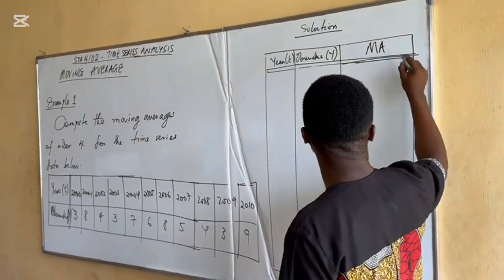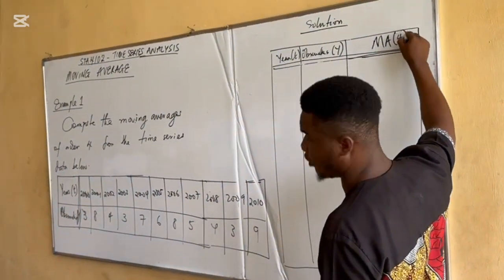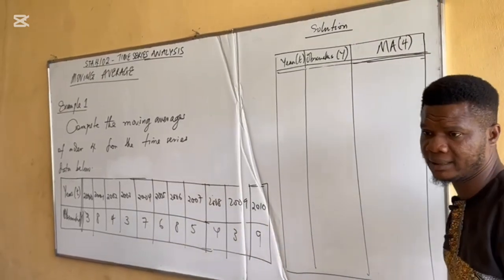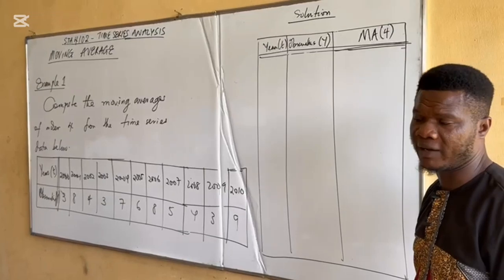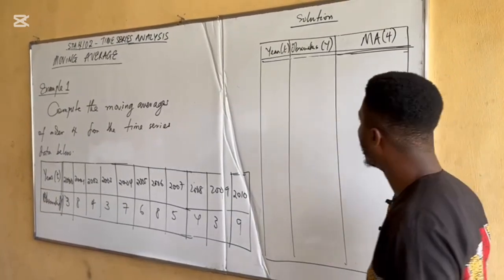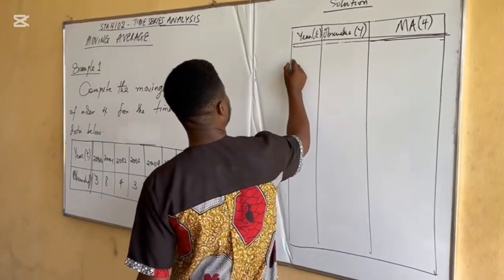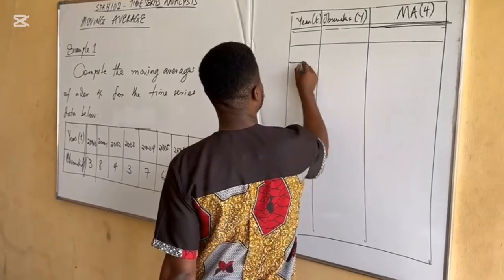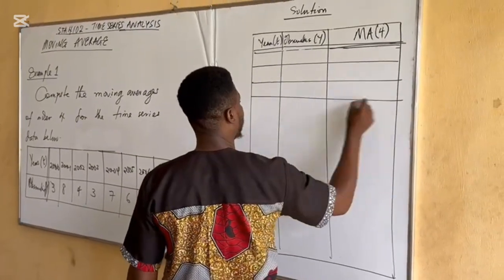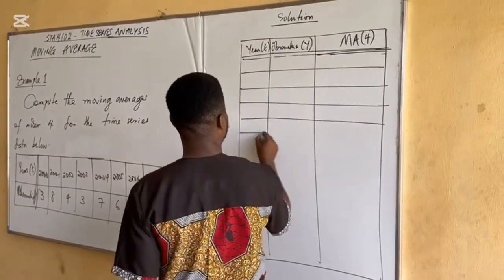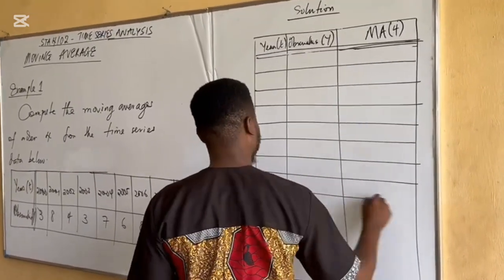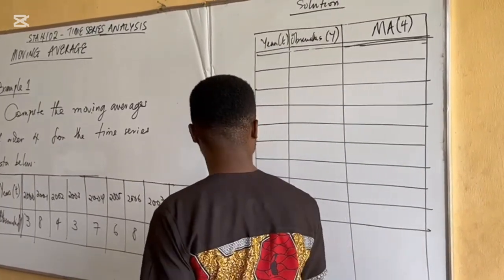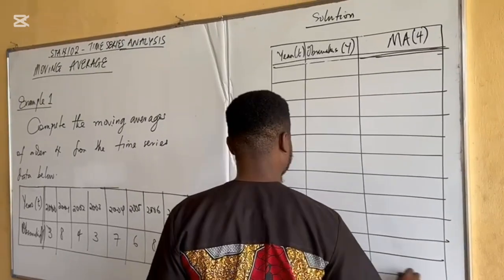Since my moving average is of order 4, I'm going to put MA(4) in brackets. That 4 there tells you that I'm computing the moving averages of order 4. Okay? So 1, 2, 3, 4, 5, 6, 7, 8, 9, 10, 11.